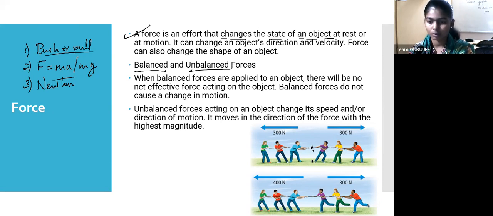So you can get a perception that no force has been applied there at all. But actually a force has been applied, but that force is balanced by another force, and so no outcome is seen by you.